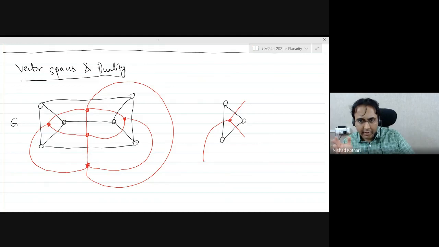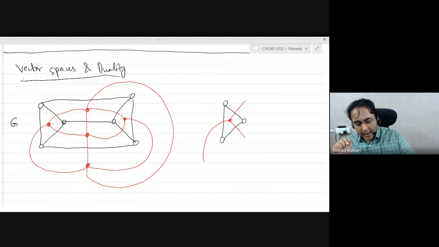In particular, it is a trivial cut as we defined it on assignment 1. Okay, so every face, it's quite easy to see, will correspond to a trivial cut in the dual graph, because that face has a vertex, and the boundary of the face is basically going to be all the edges incident at the corresponding vertex in the dual.